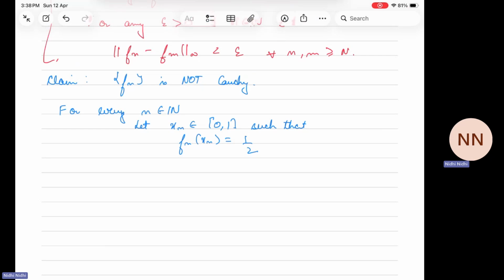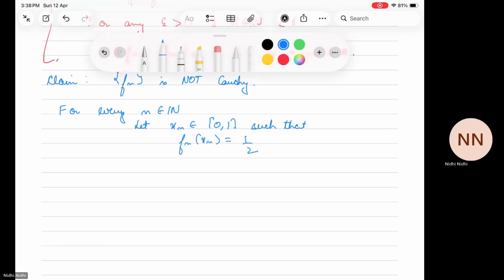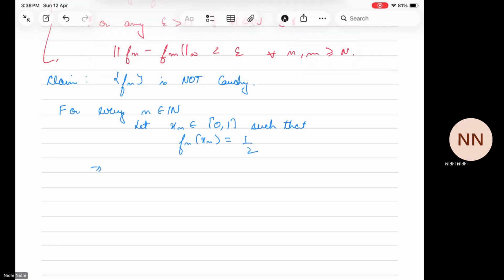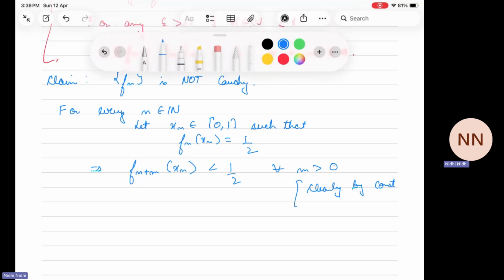That means Fn plus m at xn is strictly less than 1 by 2 for all m positive, clearly by construction, or we can say by the definition of the sequence.